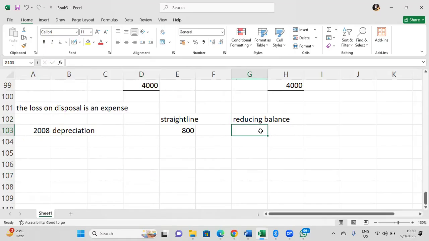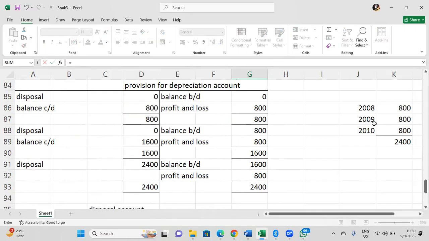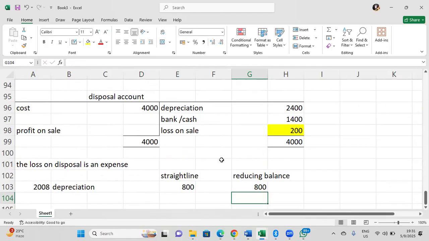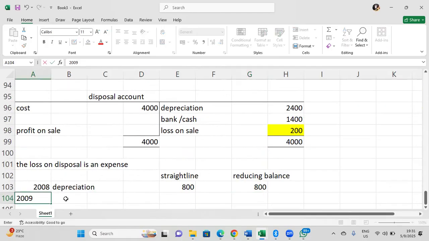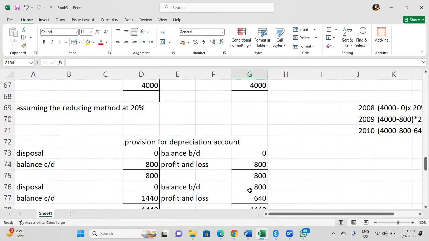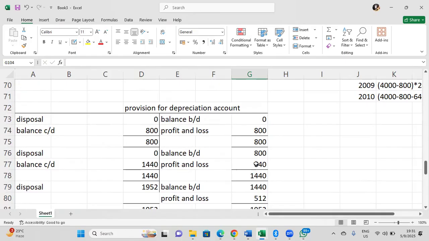So 2008, 800. If it's the reducing balance, you would record 800 as well. First year is the same, but in 2009, for straight line it remains 800. But for the reducing balance method, 2009, it has changed. It's now 640.